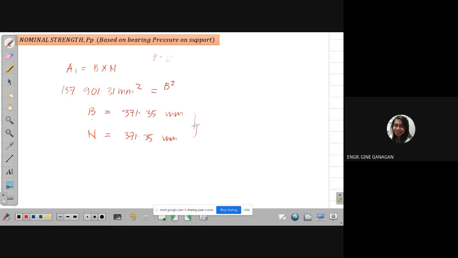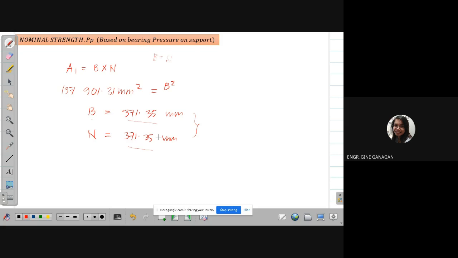So, in actual, gawin ninyo siyang full number. Kasi mahirap mag-measure ng ganyan. Walang plate na available na may point something. Di ba? However, dito sa klase natin, kunin pa rin ninyo yung exact value na na-compute natin.